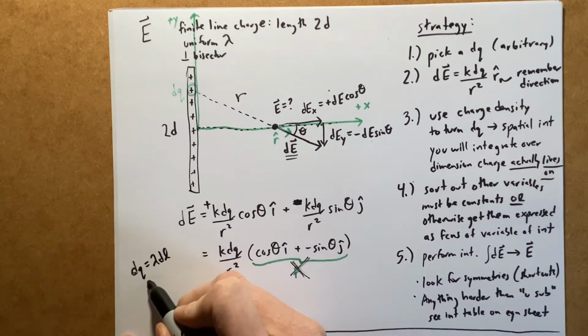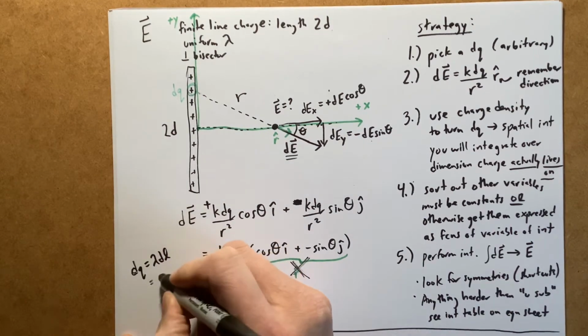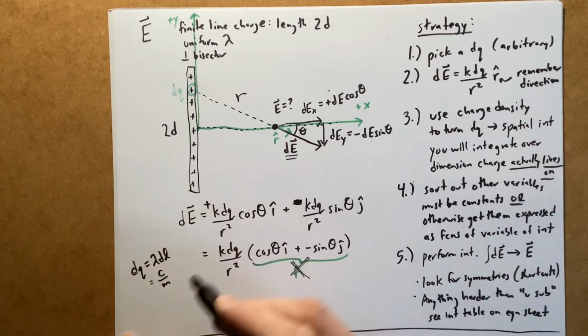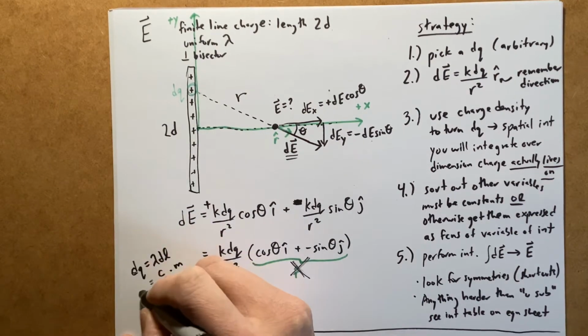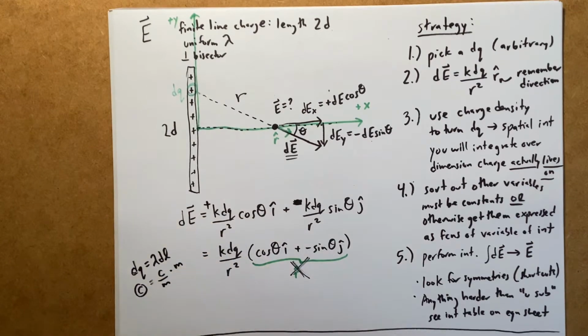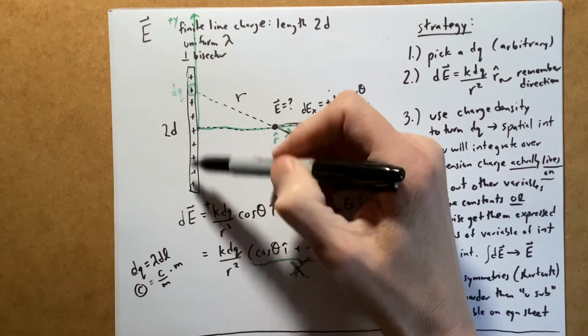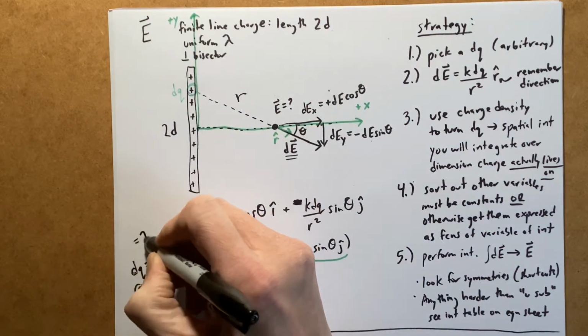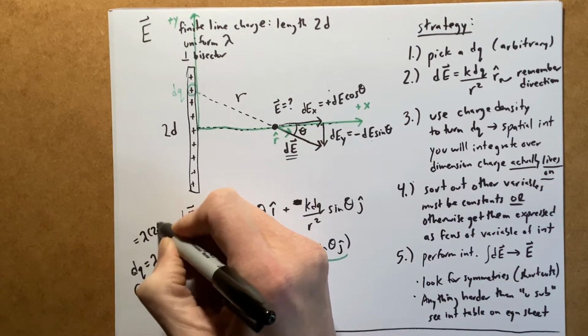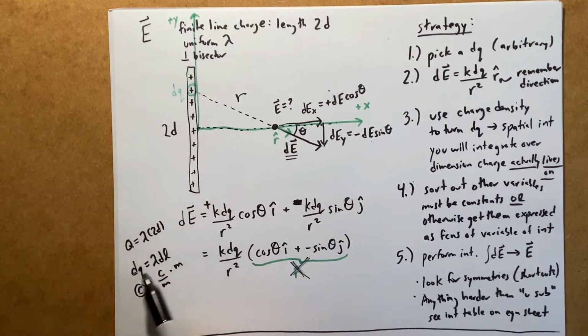If I know this thing has a certain uniform charge density in coulombs per meter, I multiply by the meters, and I can get the amount of charge. This is uniform, so I can say lambda times the whole length, which is 2d, is the total charge, or I can also apply it to any chunk here. So if I apply it to a small dl, I get a small amount of dq that lives on that dl.